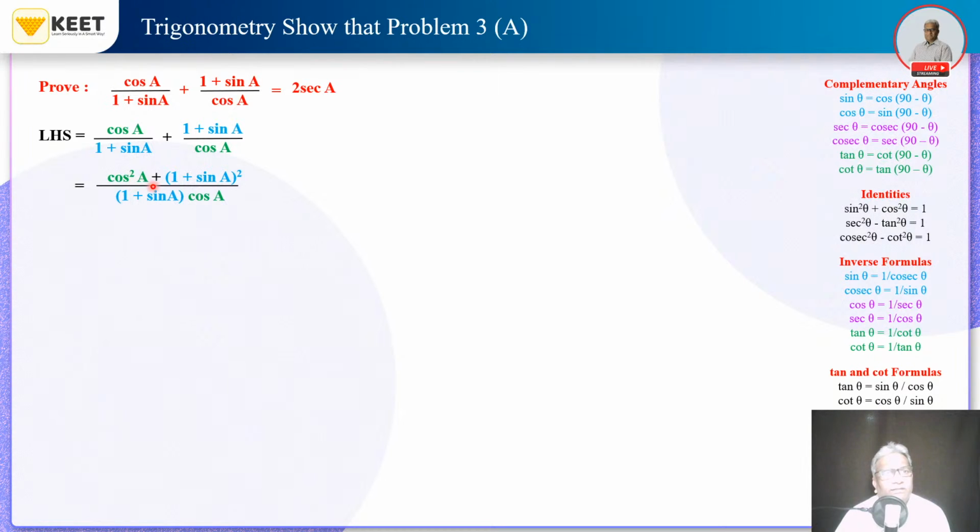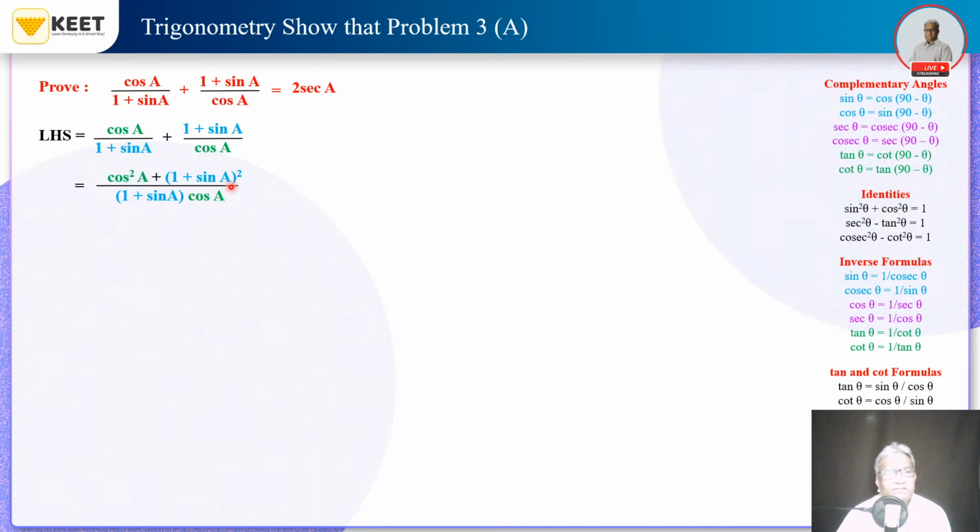Okay. So now when you do the triple multiplication, you will get cos A square plus 1 plus sine A square. Since the terms are same, we make the square. Cos A into cos A is cos square A, then 1 plus sine A into 1 plus sine A will be 1 plus sine A the whole square, and in the denominator 1 plus sine A and cos A are multiplied. Now here this 1 plus sine A square you can expand.